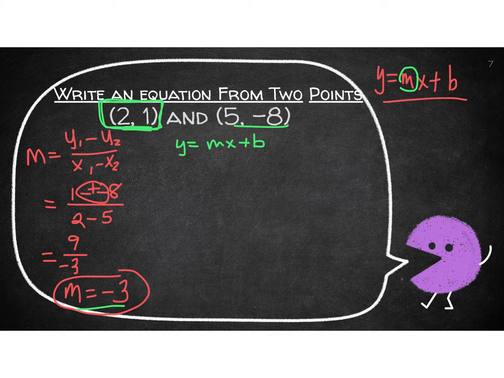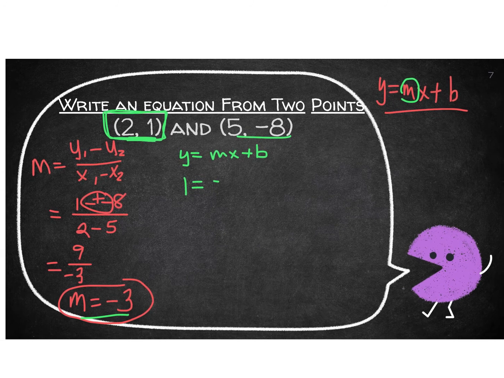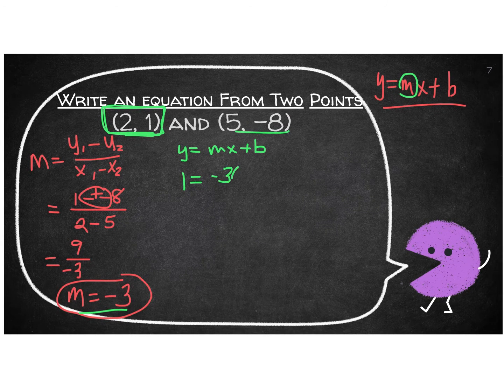So we're just going to put that point in. 1 equals, my m is -3, and then I have my x, which is 2, plus b. And then I have to solve for b. Okay, so I'm solving for b. 1 equals -6 plus my b.